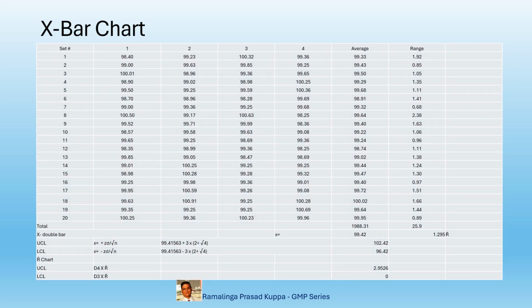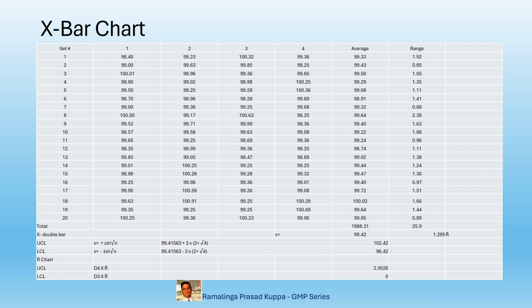See this X bar chart carefully. This is a fabricated SA value of a product. It is all about the average of SA value of a set of 4 samples. There are 20 sets of 4 samples each selected.